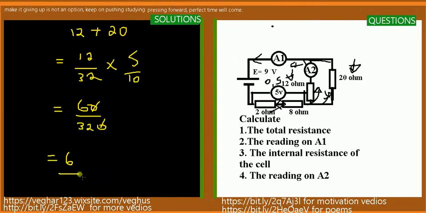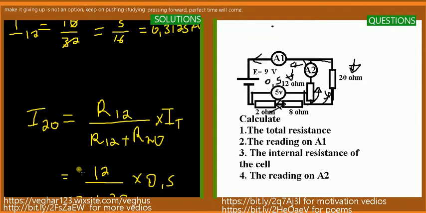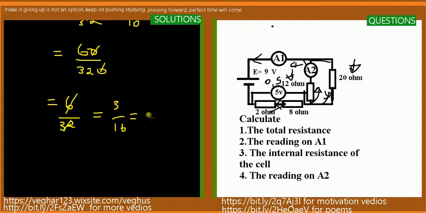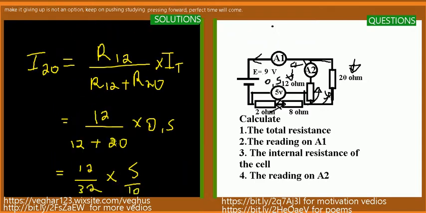Now we'll have 6 over 32. So how many times does 2 go into this? Here it's 3 times. Using the calculator, we find that it's 0.1875 amperes.